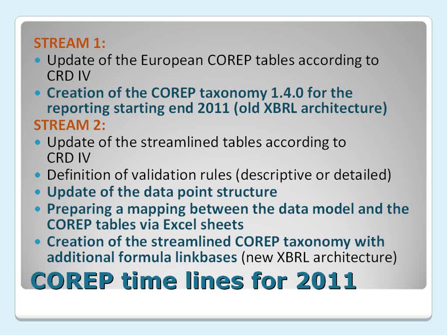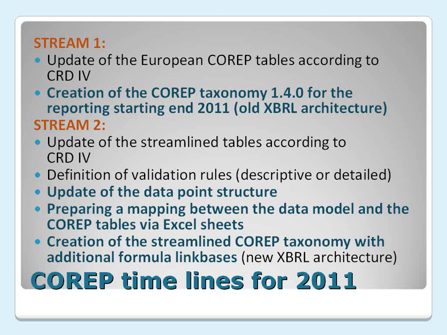These are the changes that are upcoming next year, and they have to be transformed also in the taxonomy. So we will have a taxonomy in the end of next year, around the same time as now, publication of the core taxonomy version 4.0. I think this will be the release number. It will be based on the old XBRL architecture, like the current ones that are now in production.